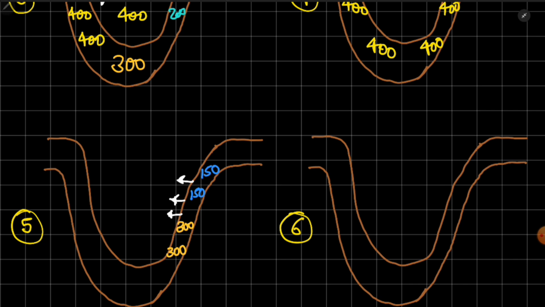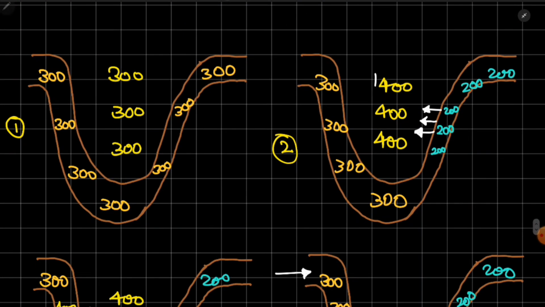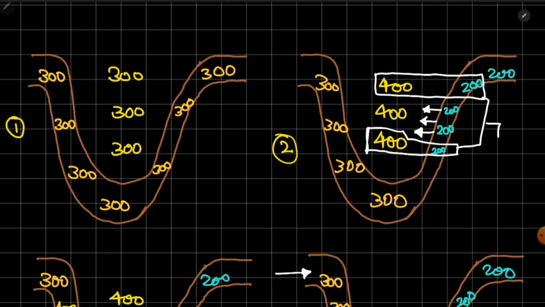Now you will think why I am so concerned about the osmolar gradient. Basically the gradient is 200 between the renal medulla and the loop of Henle. Let me also write the unit: 200 milliosmol per liter.